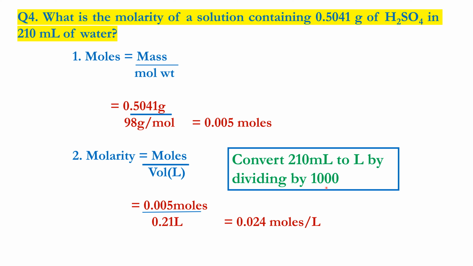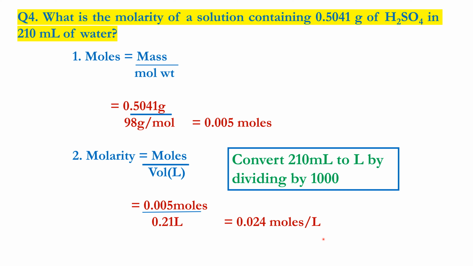So if we put this value in place of volume in liters, we put 0.21 liters, and we put the moles that we already calculated here. If we do that, we'll get that the molarity is equal to 0.024 moles per liter.